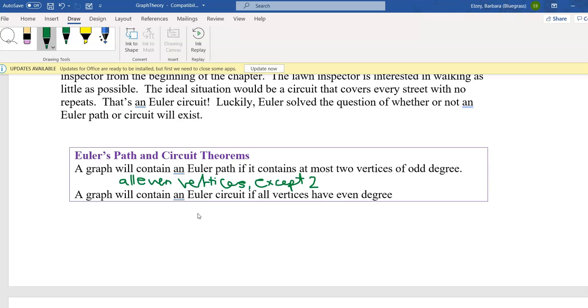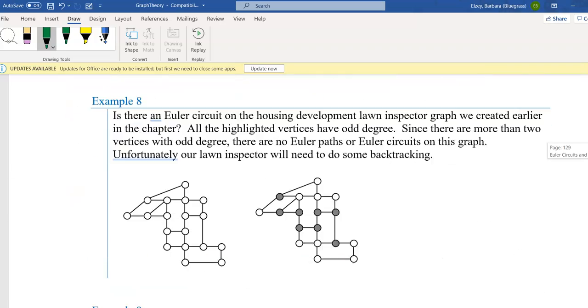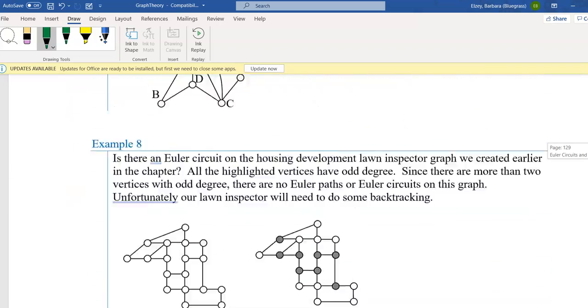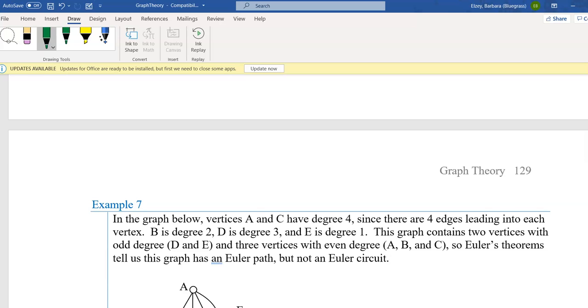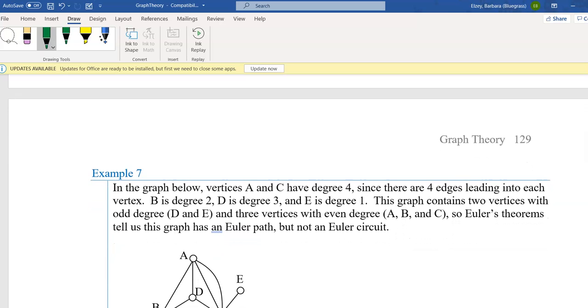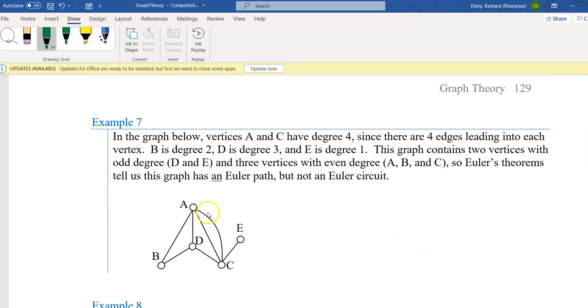Now remember, the degree was the number of edges coming out of a vertex. So it'll have an even number of edges coming out of all of the vertices if it has an Euler circuit. So let's look at an example. Let me do this one. It's asking whether or not it has an Euler path and whether or not it has an Euler circuit.